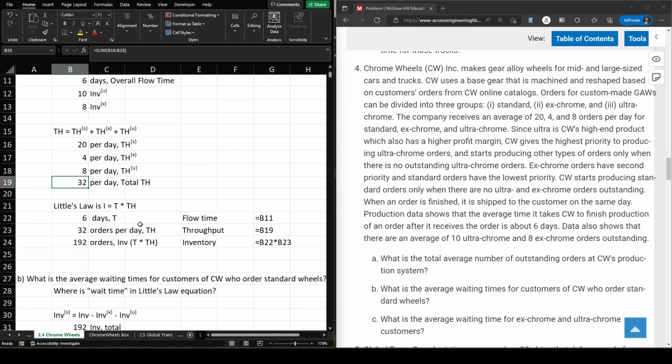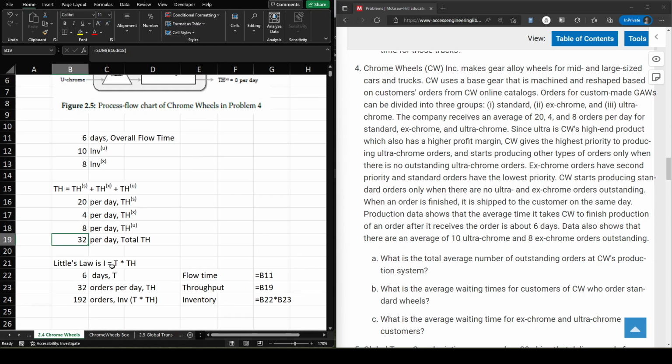Now we're going to apply Little's law, and we're going to take that throughput, and we're going to take the average overall flow time of 6 days, and we're going to identify what the total inventory is. Little's law is inventory equals flow time times throughput.